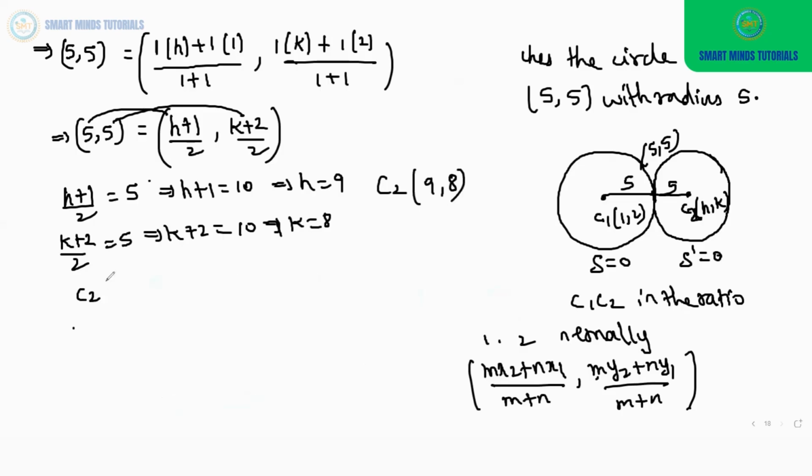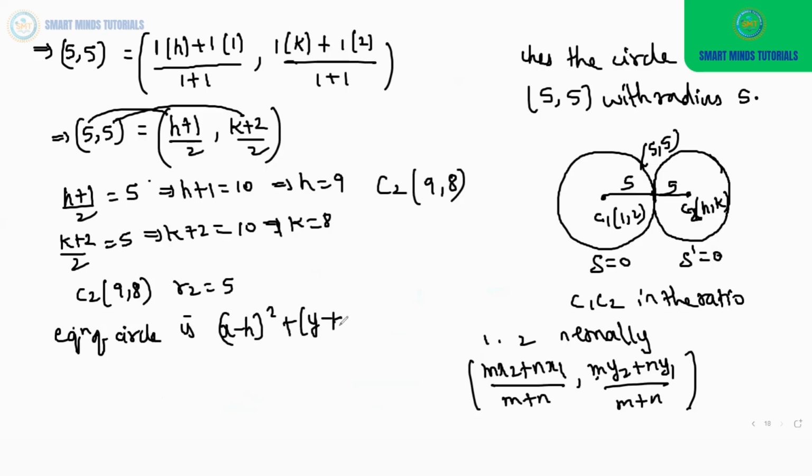Now we got center as (9, 8). Radius is 5. What is the equation of a circle with center and radius? (x minus h) whole square plus (y minus k) whole square is equal to r square. So center you take (h, k). So (x minus 9) whole square plus (y minus 8) whole square is equal to 5 square.